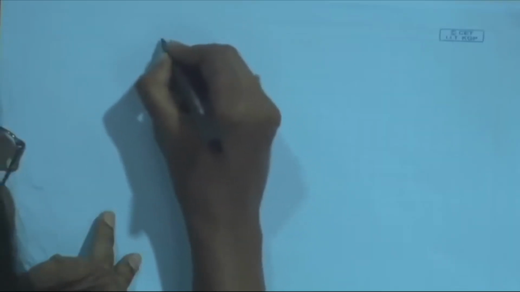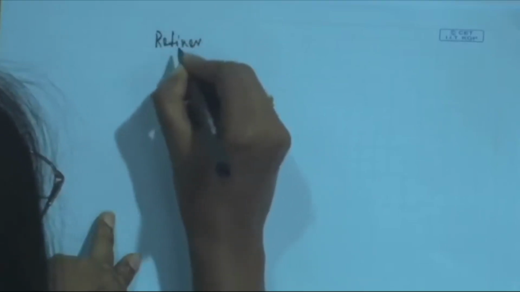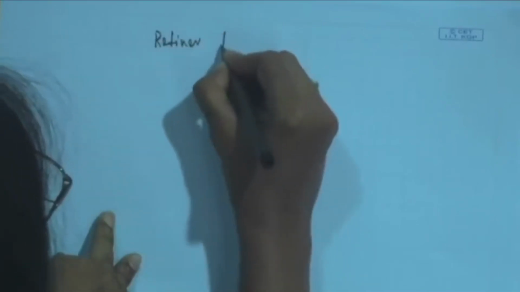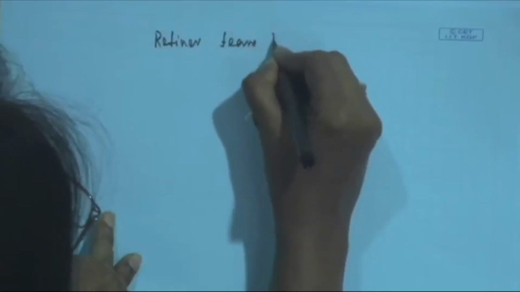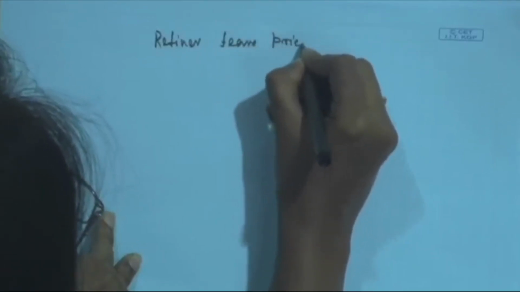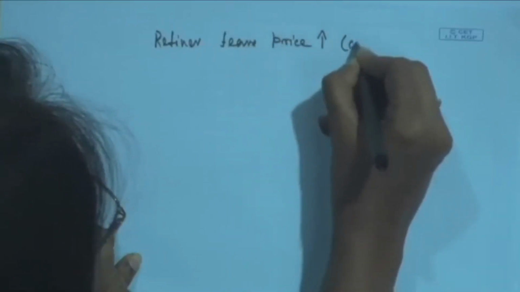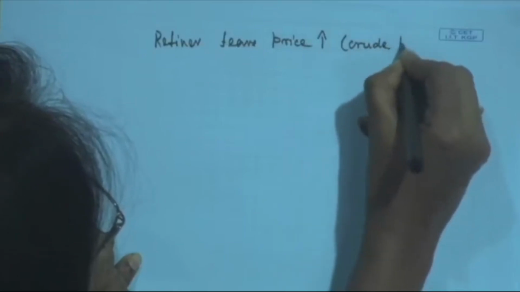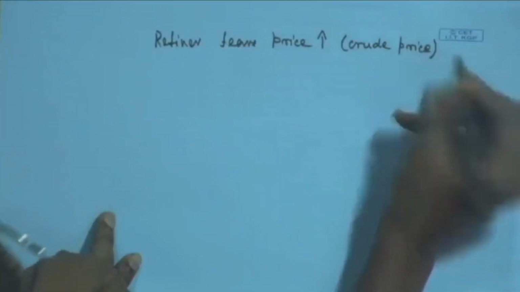Let's say you have your refiner here. The refiner fears the crude price is going to go up.